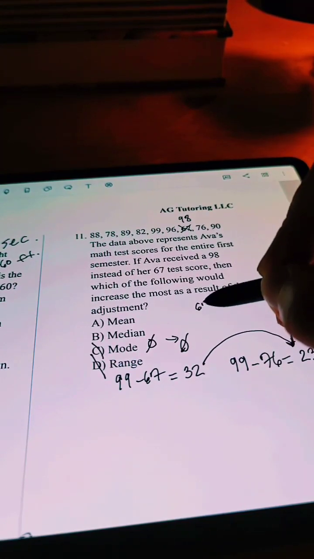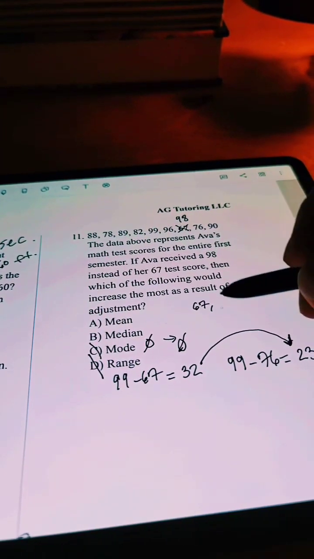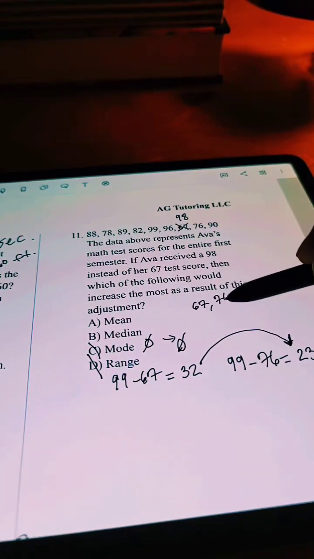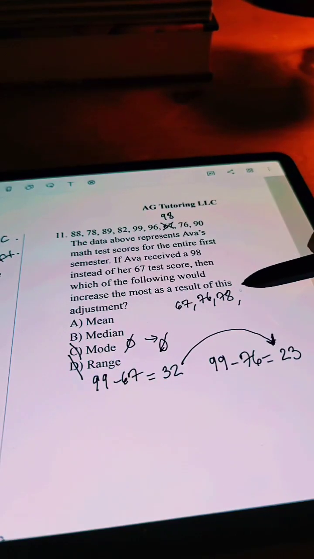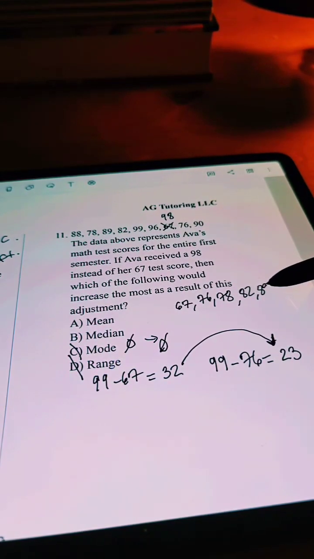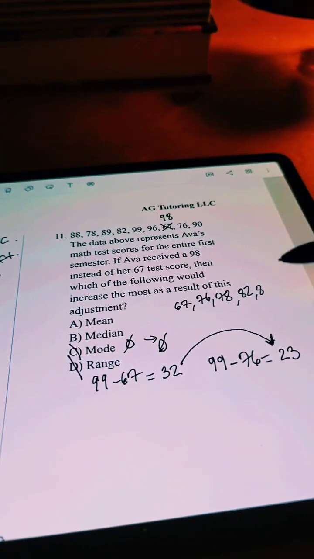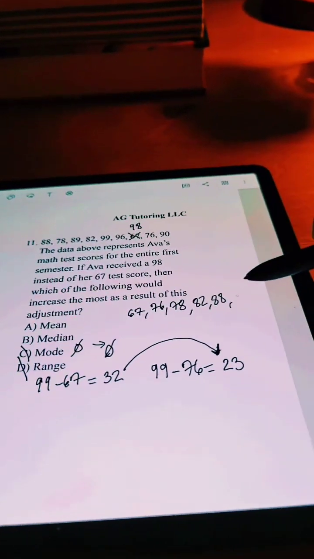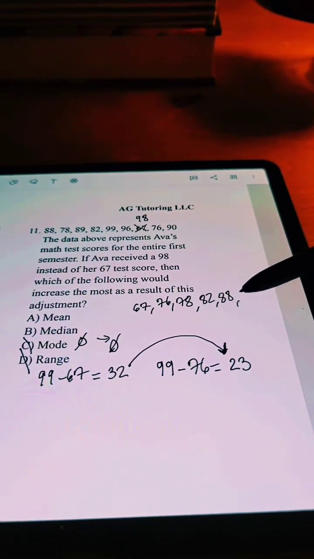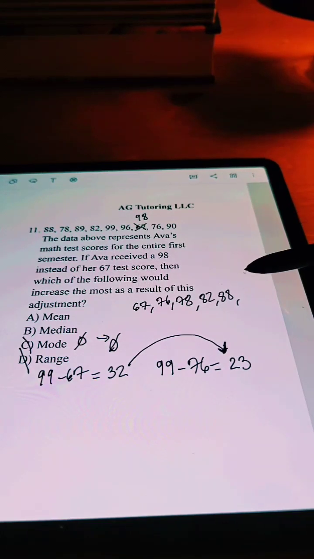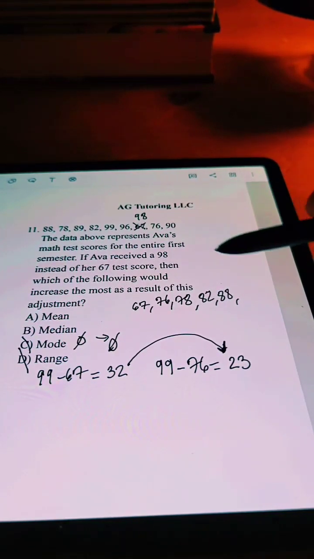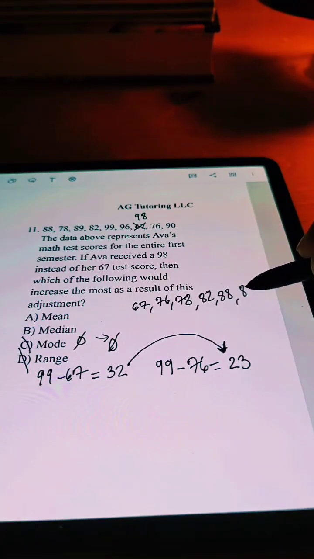So we would start with 67 originally, and then we're going to put 76, then 78, then 82, then 88, then 89, 90, 96, and then 99.